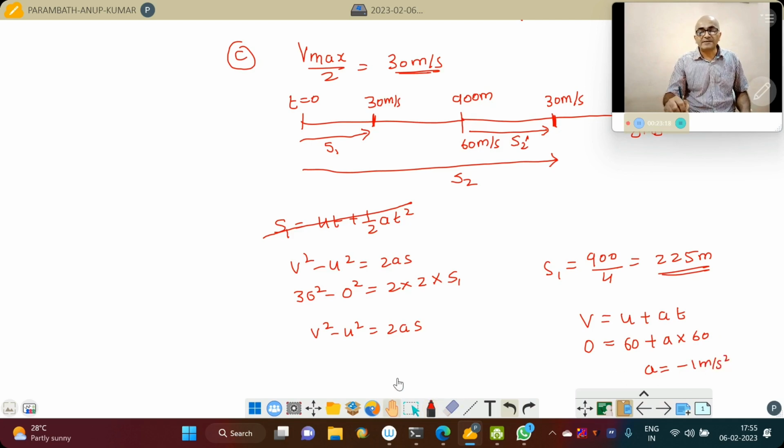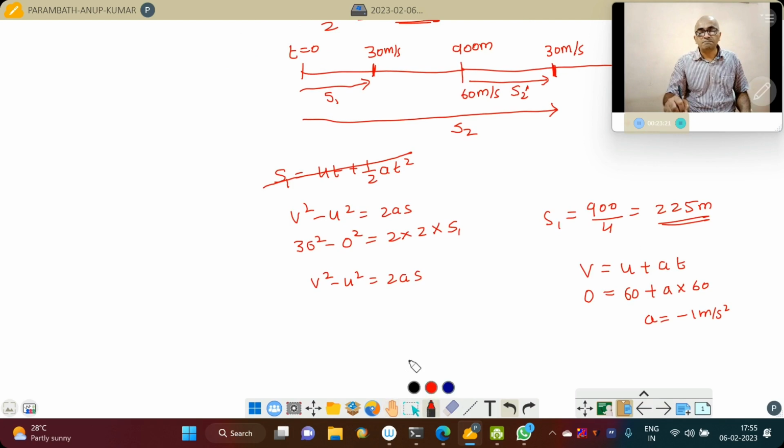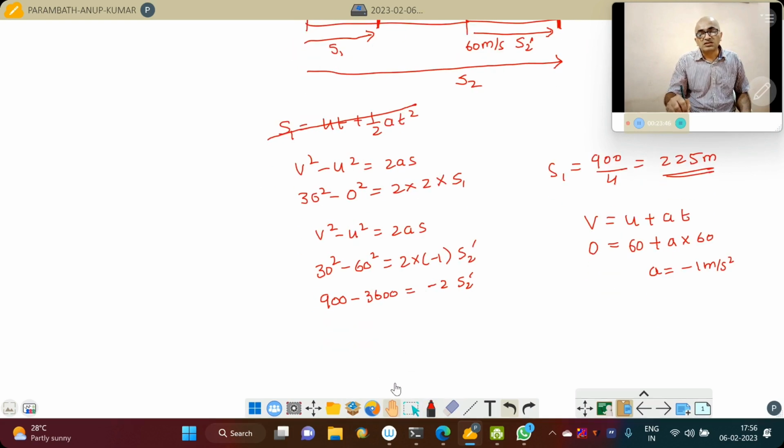So applying that here, I have v square, 30 square, minus initial 60 square, is equal to 2 into minus 1 into S2 dash. So this is 900 minus 3600, that is minus 2700, equal to minus 2 S2 dash.